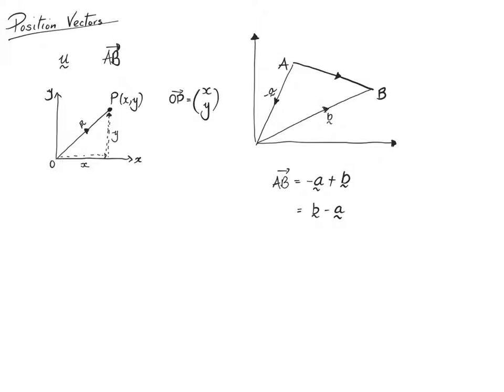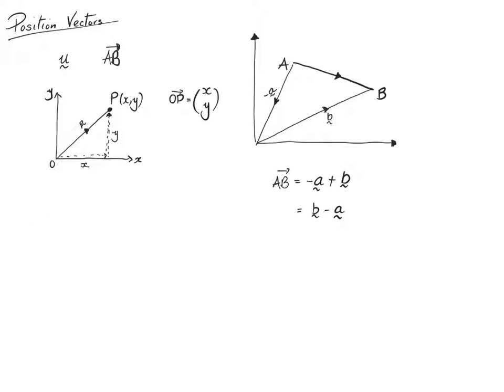Okay, but don't worry, we are going to do examples of this. So we're not going to use coordinate diagrams or anything like that, but we'll do the examples, okay?